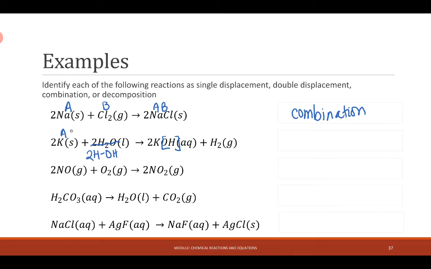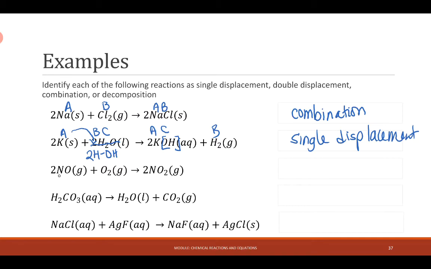And so in this case, A is kicking out one of the hydrogens, and so one of the hydrogens is a B, and then the OH is a C. And so now B is by itself, and you have A bonded to C. And so this is a single displacement. If you do this reaction in real life, it actually catches fire, which is pretty cool.